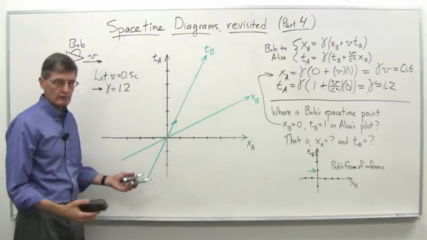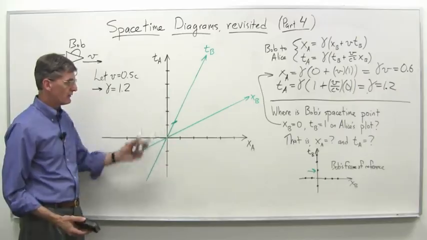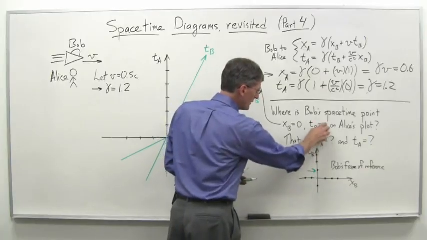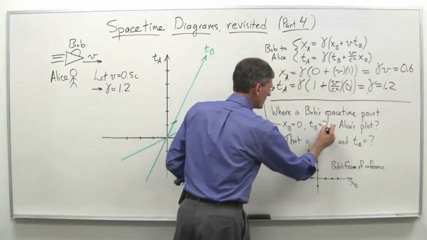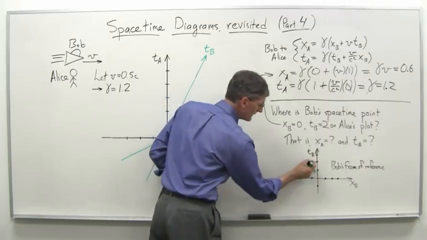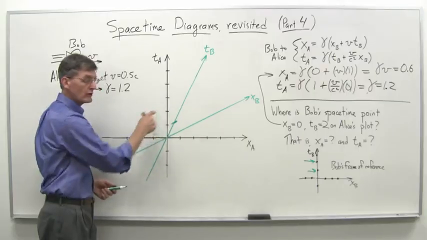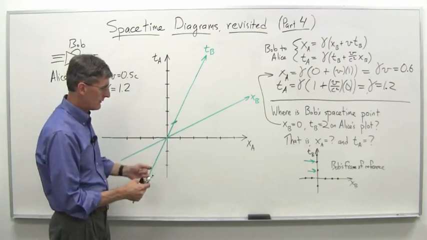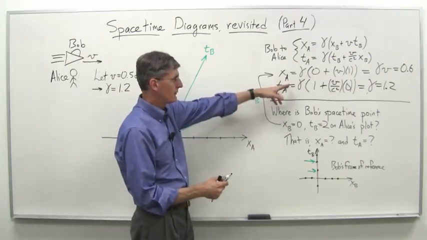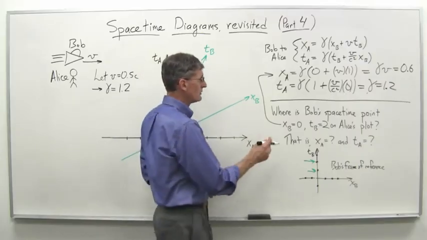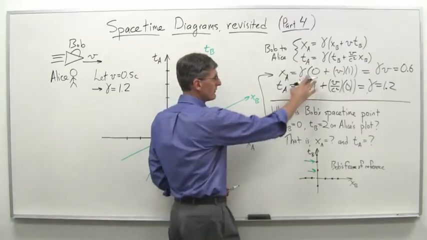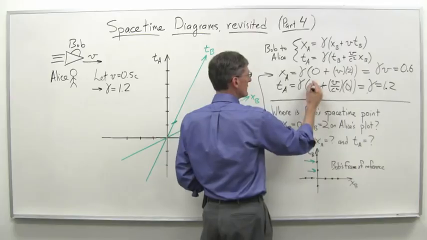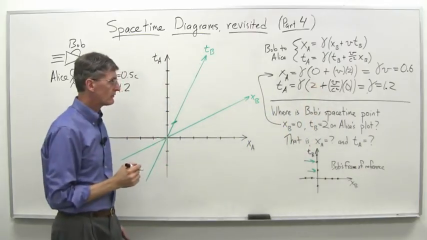Let's do another one, though. We won't do too many of these. Let's do one more here for the t sub b axis. So let's change this, not t sub b equals 1, but t sub b equals 2. In other words, now we're looking at that point. Where does that point occur on Alice's plot, really? And so we come up here. We can just very easily change our equation. x sub b is still 0, so the zeros still are there, but the 1 just becomes a 2 here, and this one over here becomes a 2 for our second case.